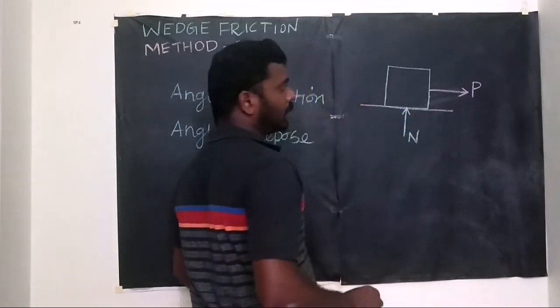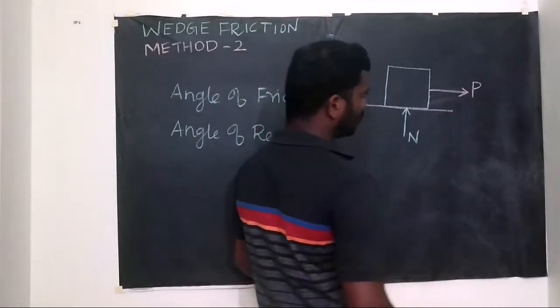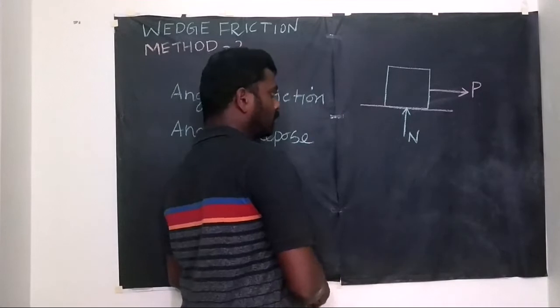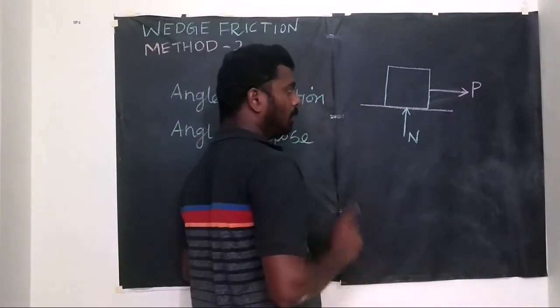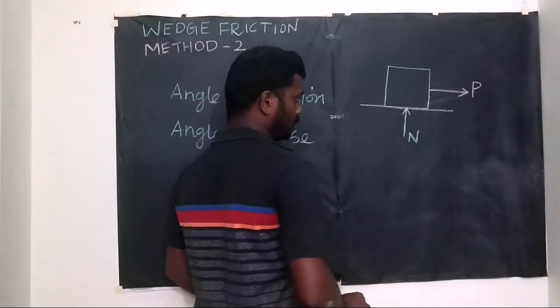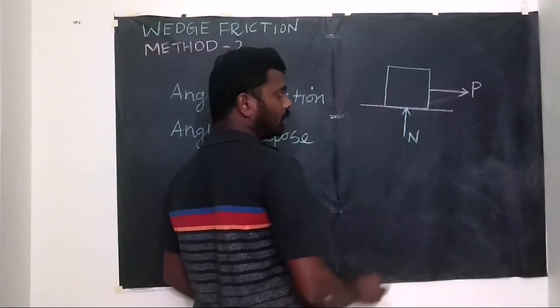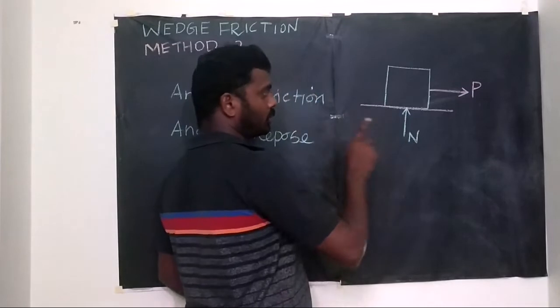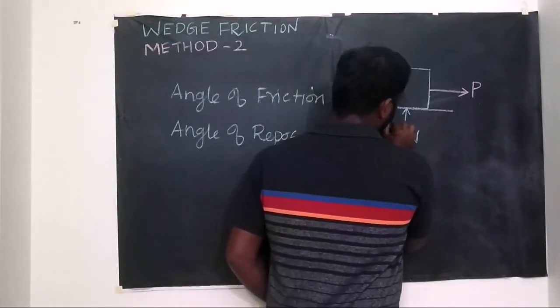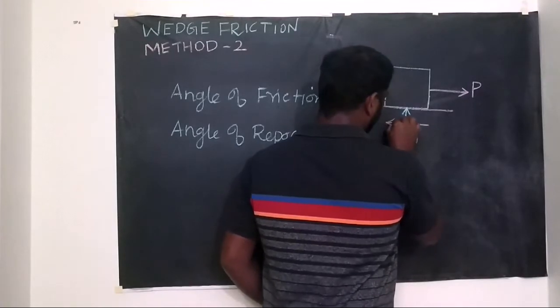Then, due to the application of this external force, this block starts to move towards the right. At that time the friction force, that is the limiting friction force, acts opposite to the block's movement. Here the block is moving towards the right, so the limiting friction force is acting towards the left.